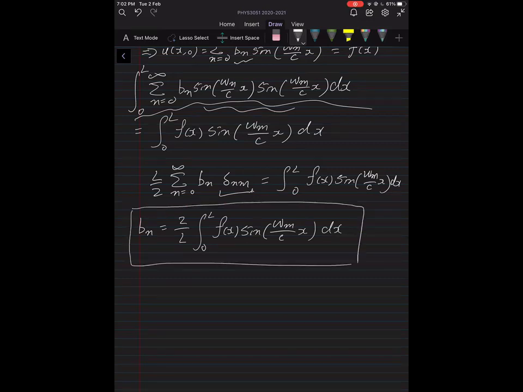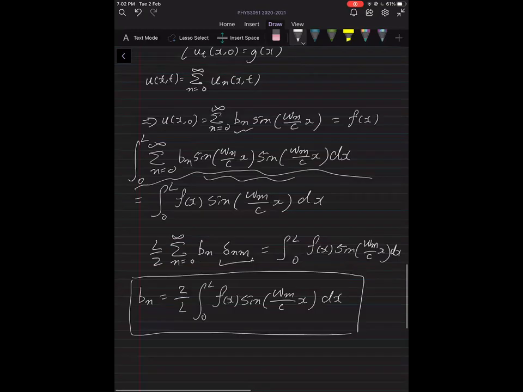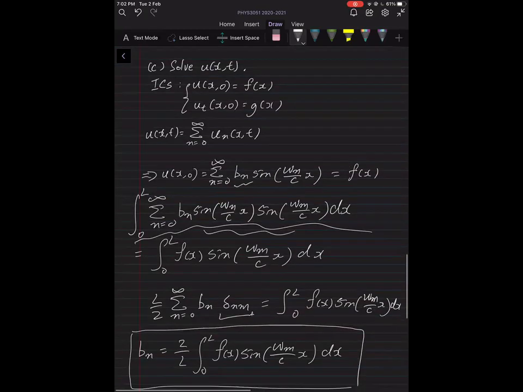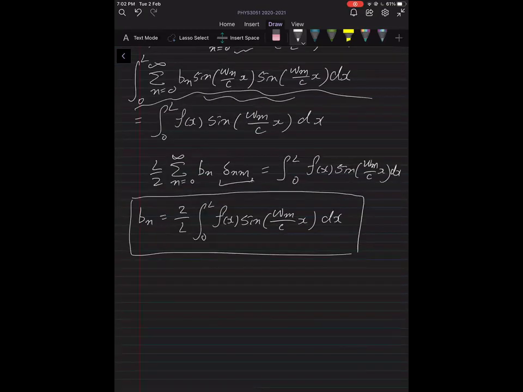Okay, so this is B_n, and the remaining part is A_n. Then we impose the other initial condition.